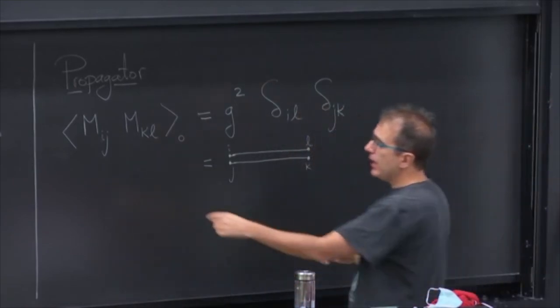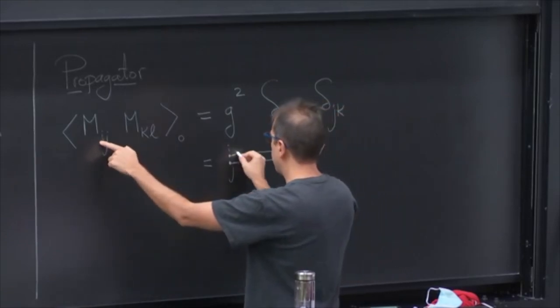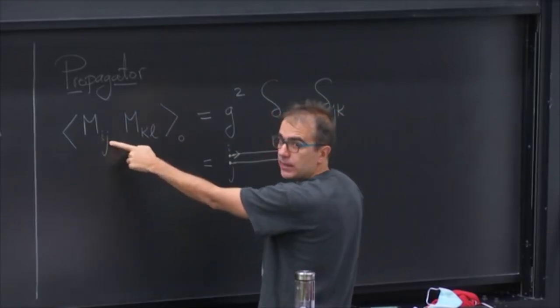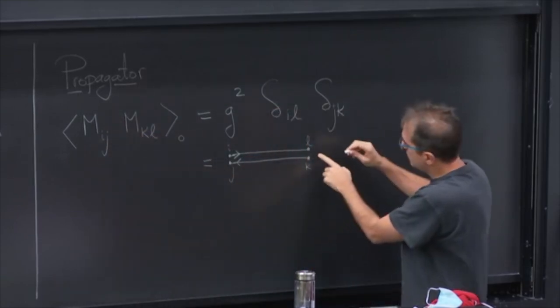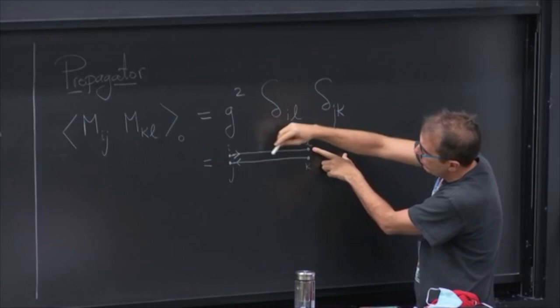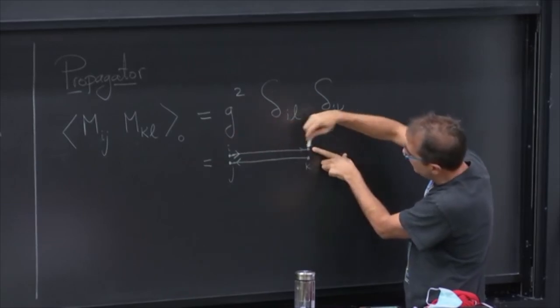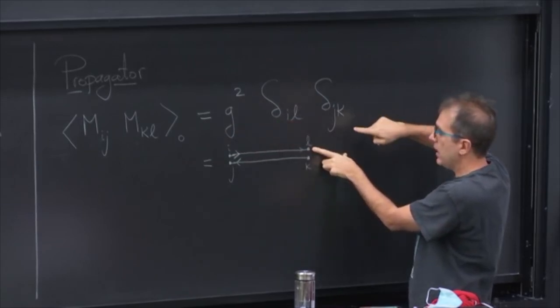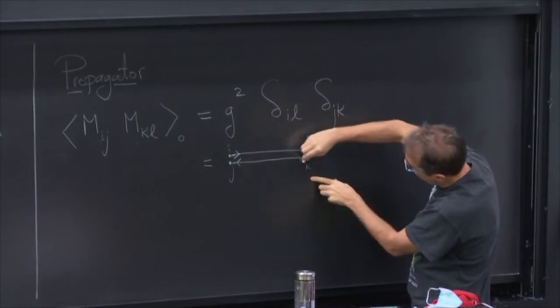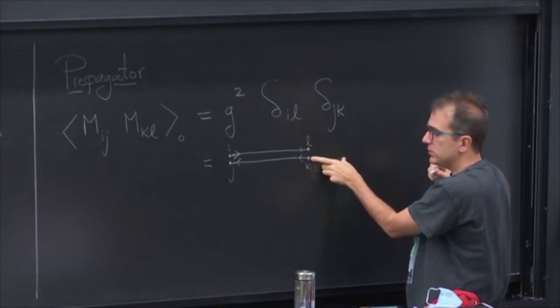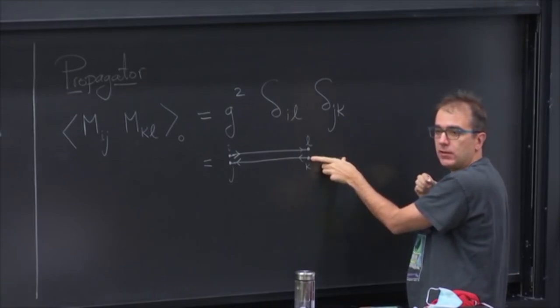And this index I is the first index of the matrix, so let's put an arrow going out. And J is the second index of the matrix, let's put an arrow going in. And then it makes, here it's nice because L now, if I follow the arrow, it has an arrow going in, but that was the prescription for the last index, and it is the last index of the matrix. And J, if I want to preserve the arrows, I need to put an arrow going out, so this is the first index of the matrix.